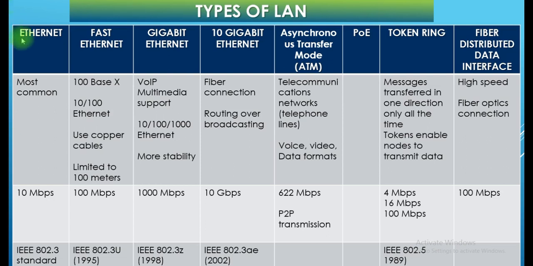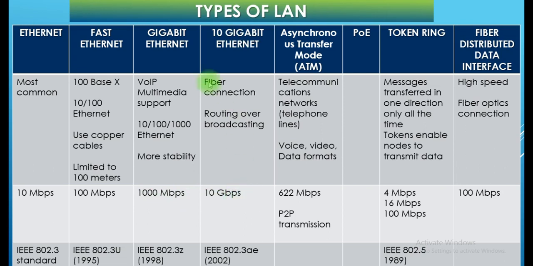So we see, for instance, with Ethernet being the base system here, it would have supported up to 10 megabits per second transmission speed, and then when fast Ethernet was introduced, that went up to 100 megabits per second. Gigabit would have been 1 gigabit per second, that's 1,000 megabits per second, and then 10 gigabit would be 10 gigabits per second.